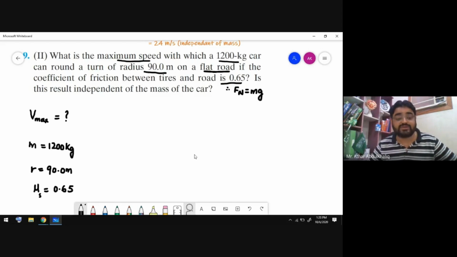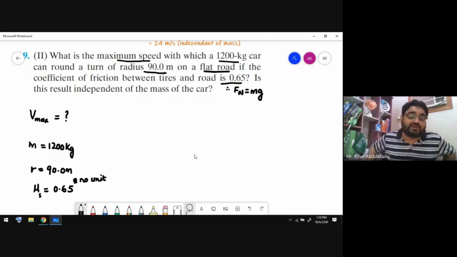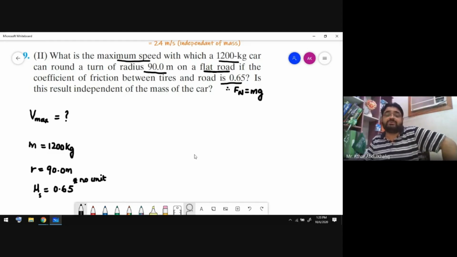And there is one more thing, I already told you last week that it has no unit. So if in future I ask you in the quiz what is the unit of the coefficient of friction mu, you will say no unit. Okay, this is the given data.